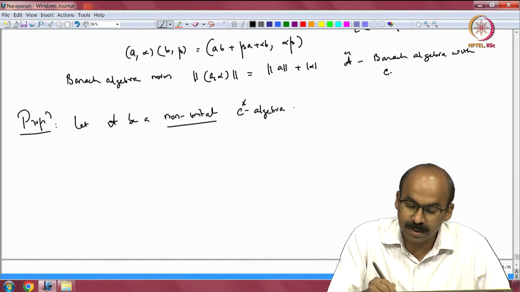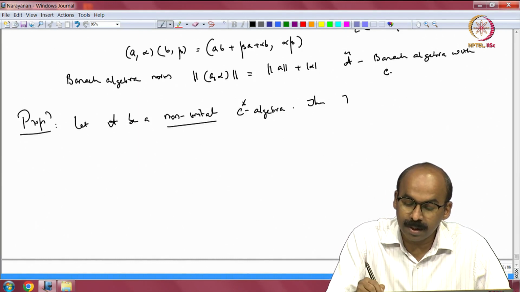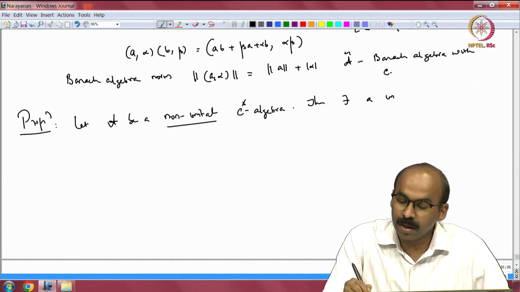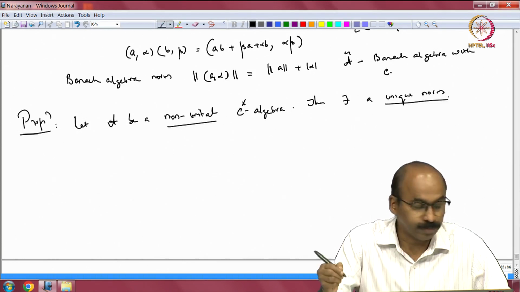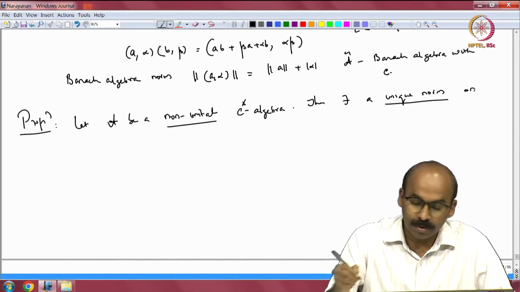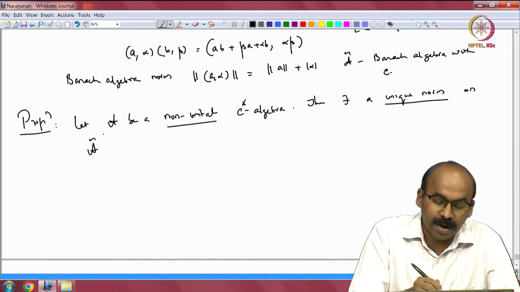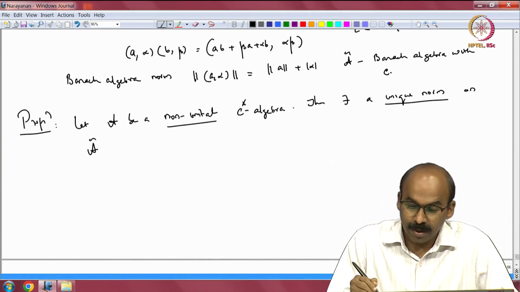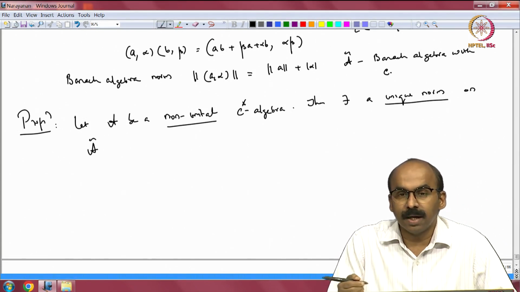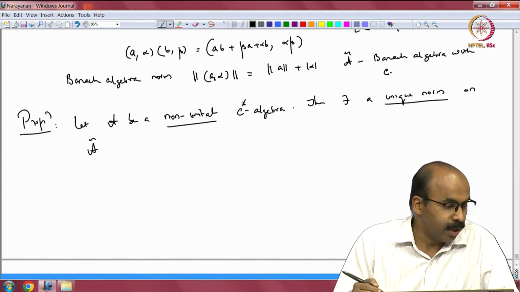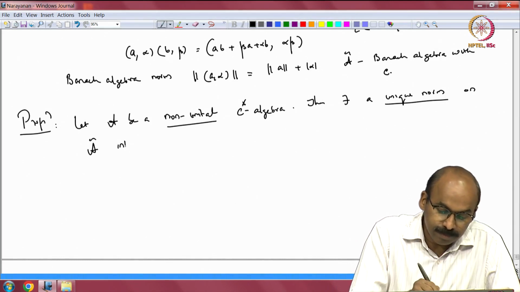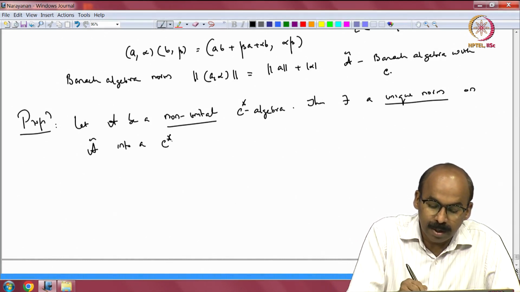Then there exists a unique norm on A tilde, which we have already defined as A cross C, which makes it into a C-star algebra. The uniqueness part we already know, since a C-star algebra has a unique norm that makes A tilde into a C-star algebra.